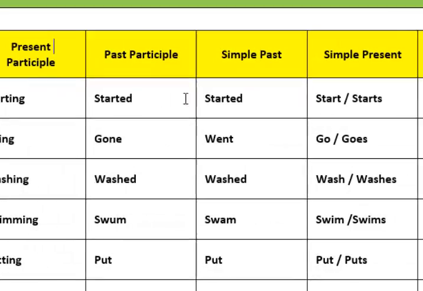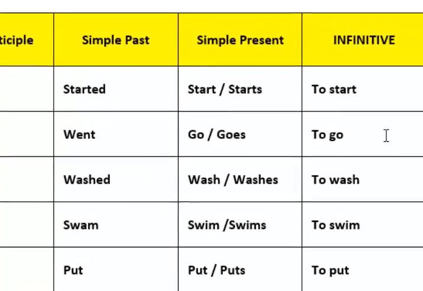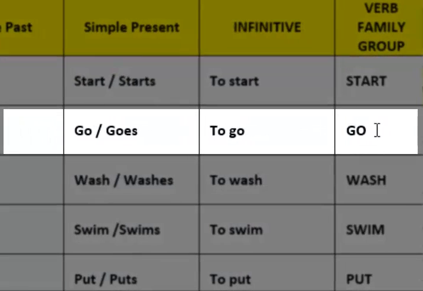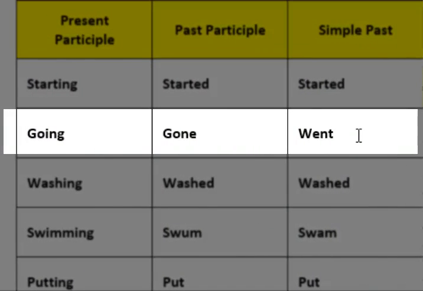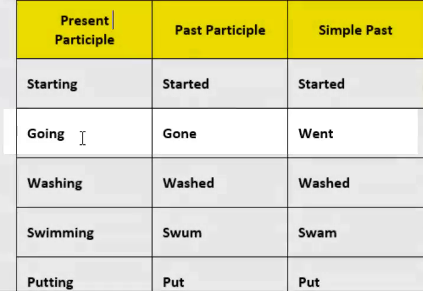Whereas if you see another verb, which is go: the infinitive form is to go, simple present or the first form of the verb is go or goes, simple past or the second form is went, past participle or the third form is gone, and present participle is going.